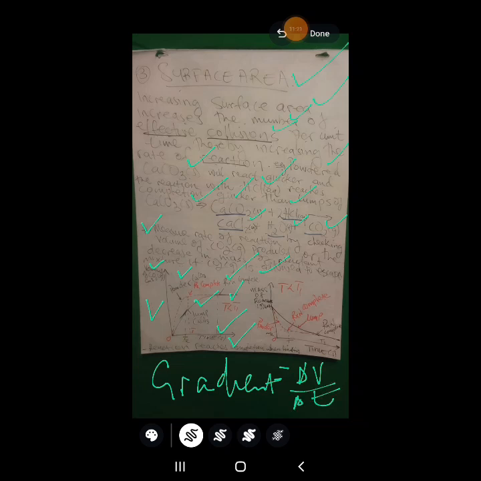And what is the change in volume over change in time? That is your rate of reaction. So I want you to know that the gradient of this graph represents the rate of reaction. So what is actually happening there? The rate of reaction is decreasing exponentially until it reaches 0 at time t1.